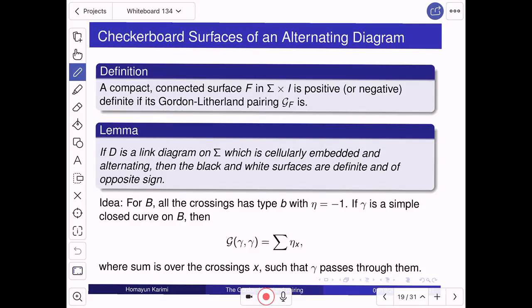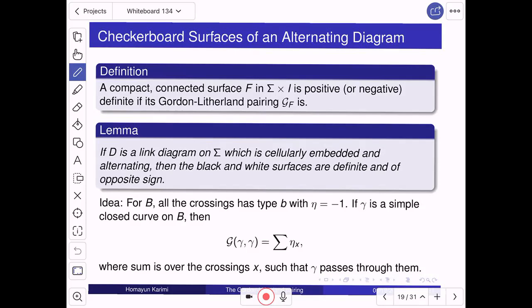The idea of the proof is that when you look at the Gordon-Litherland pairing of a surface, let's say B, the black surface, because the diagram is alternating, all these crossings have the same type, so they all have incidence number -1.